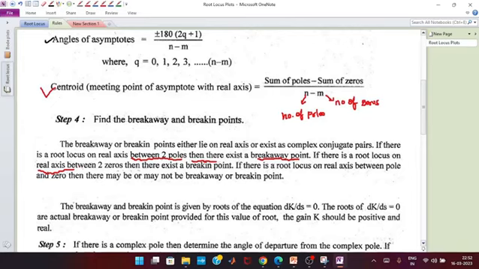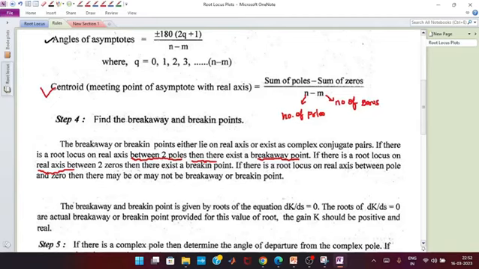So breakaway exists only between two poles on the real axis. Similarly, break-in exists only between two zeros on the real axis, right? If the root locus lies on the real axis between a pole and a zero, then there may or may not be a breakaway point. So this is the procedure.